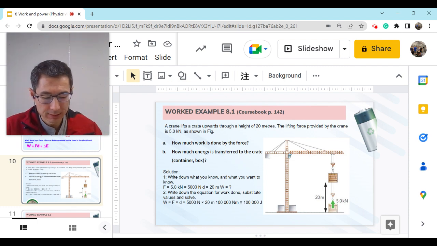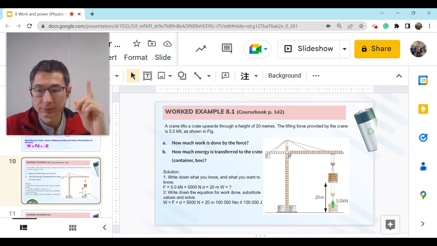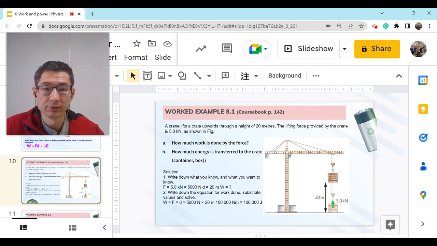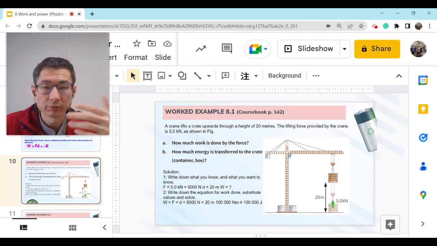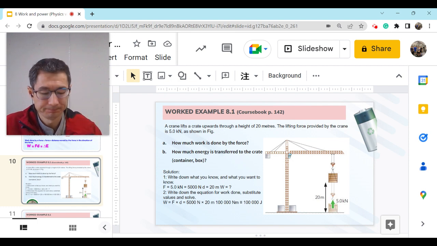So we know that the crane is applying a force vertically upwards of 5 kilonewtons, and the distance is 20 meters. We need to calculate how much work is done by the crane on the object. Okay.